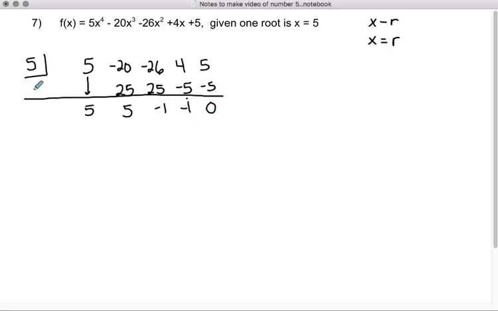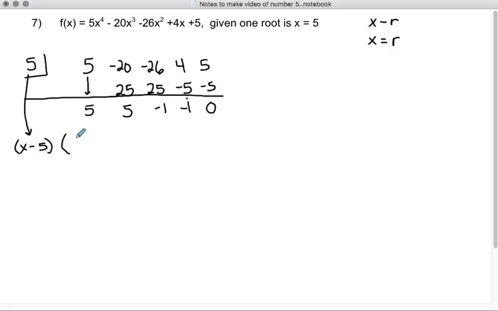And so now I know what 2 of the factors are, right? I said I know that one of the factors is x minus r, where this r is 5. So I've got a factor here of x minus 5. That comes from this. That's what we divided by. And then I have what's left over, right?